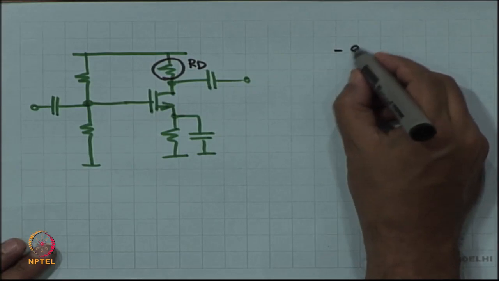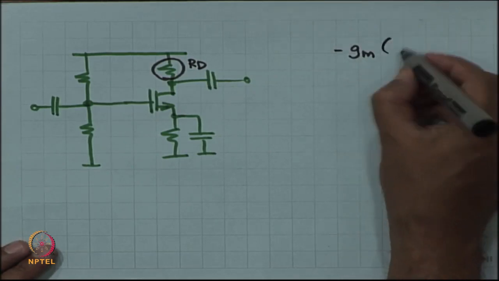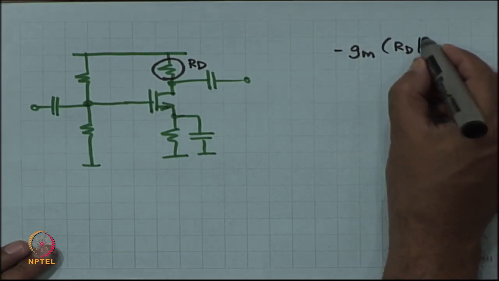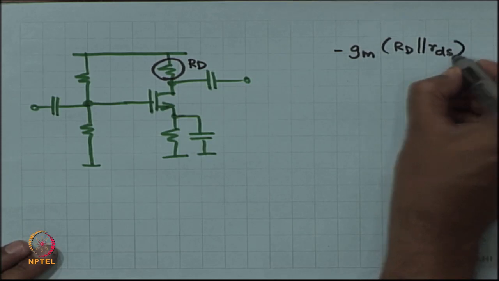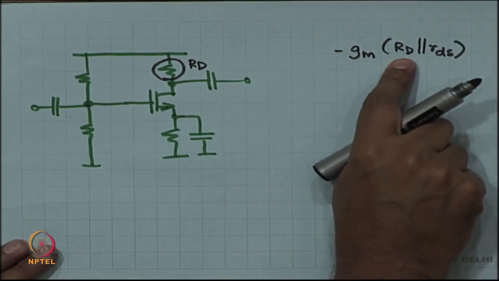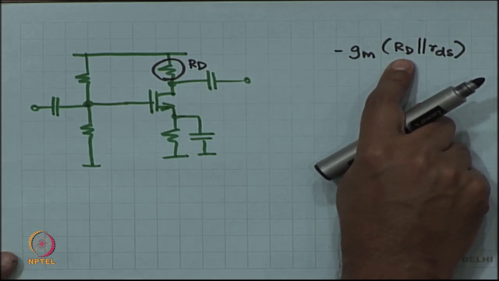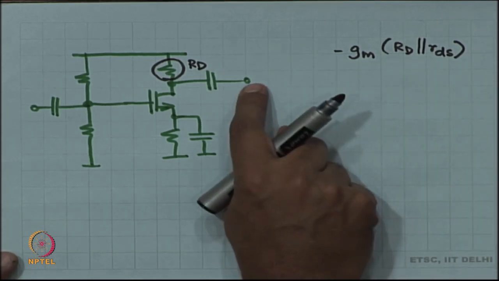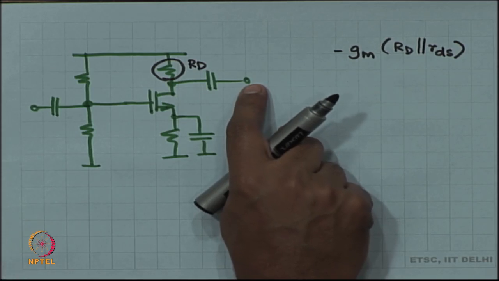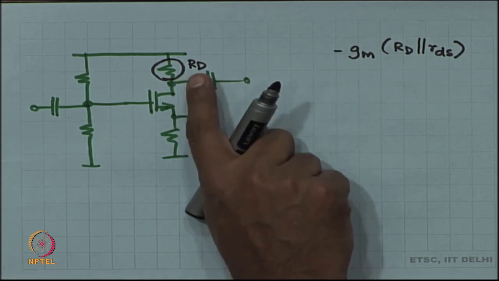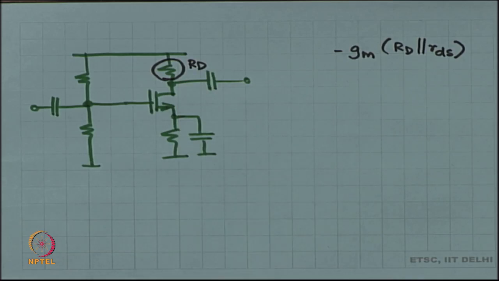The gain of the amplifier was minus gm times RD in parallel with rds. So, if RD is small, then the gain of the amplifier drops, but then the signal swing that I have at the output is also dependent on RD, right.